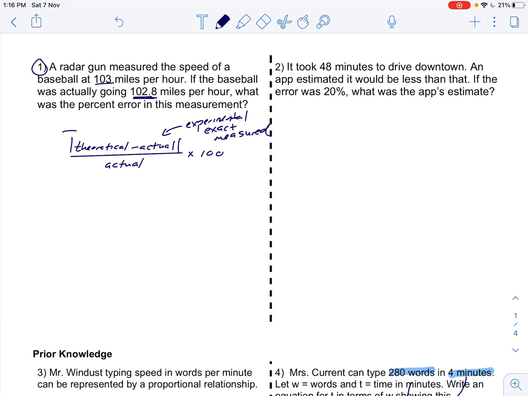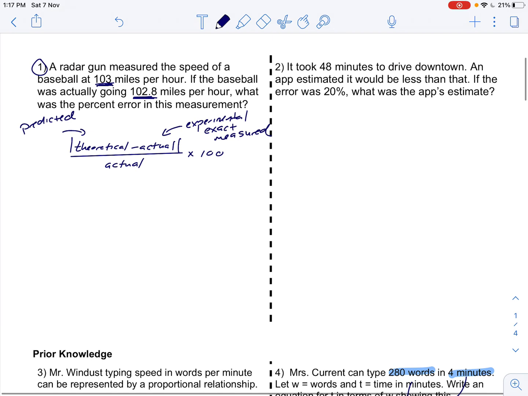The theoretical, or sometimes this is called the predicted value, or the estimated value, is 103. That's what the radar gun is predicting the speed of the ball is, and it's a little bit off here.